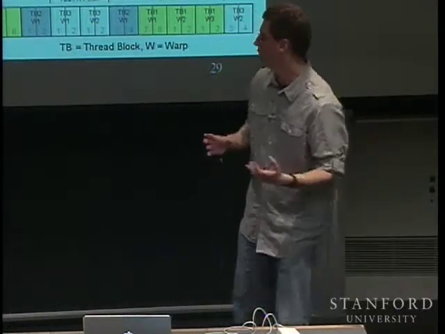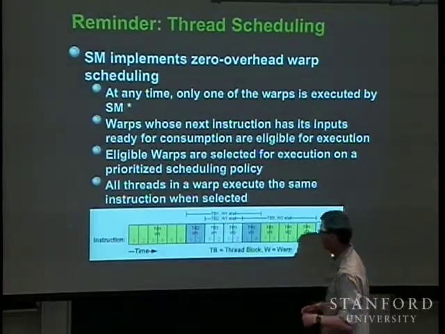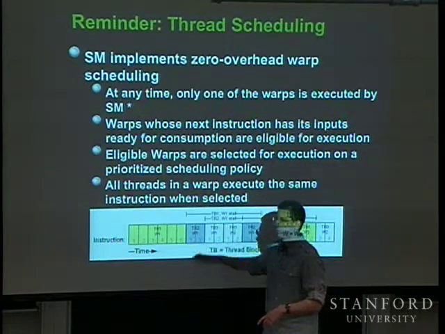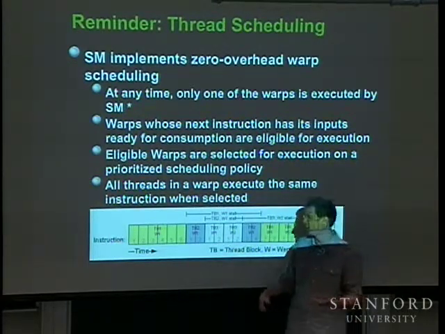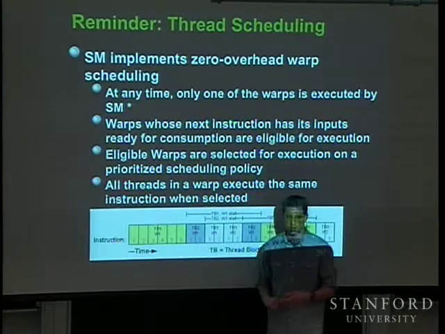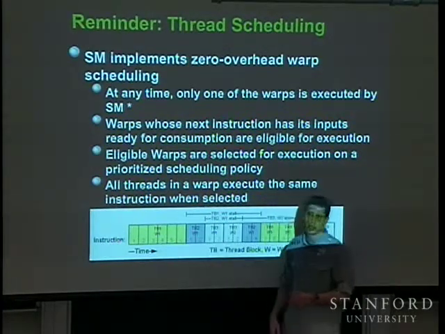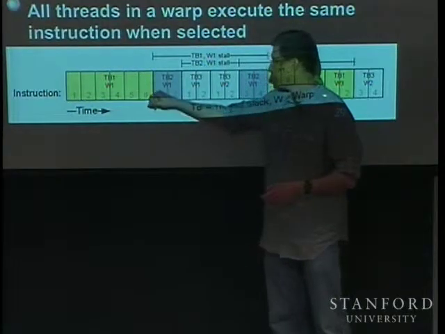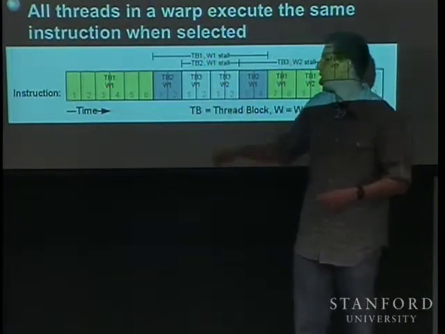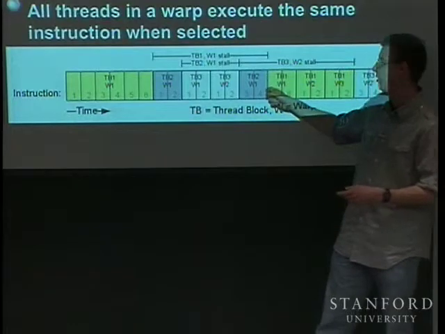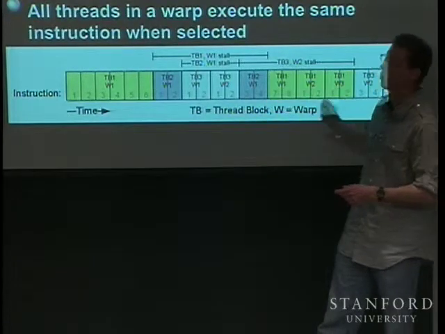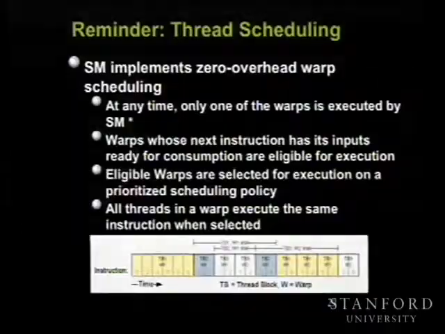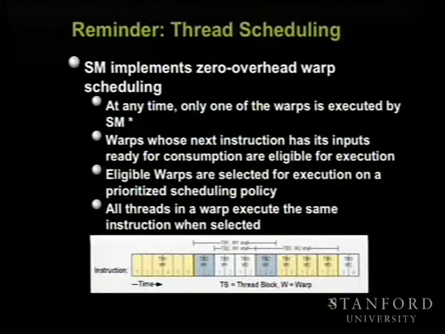Why do we need this many threads? Because we want to be able to switch in, so you always have work available. If some threads stall, like these yellow threads in this example I showed you previously, then you can swap in other ones to do work while they're stalled, and once they're done, you can continue working on them. This is basically to make more effective use of your hardware and get the maximum throughput.